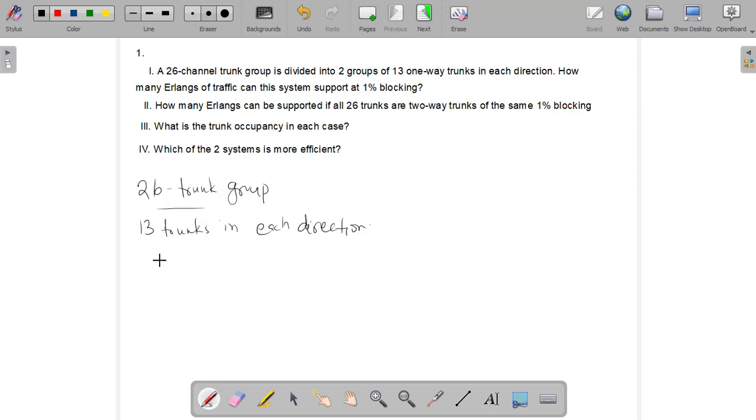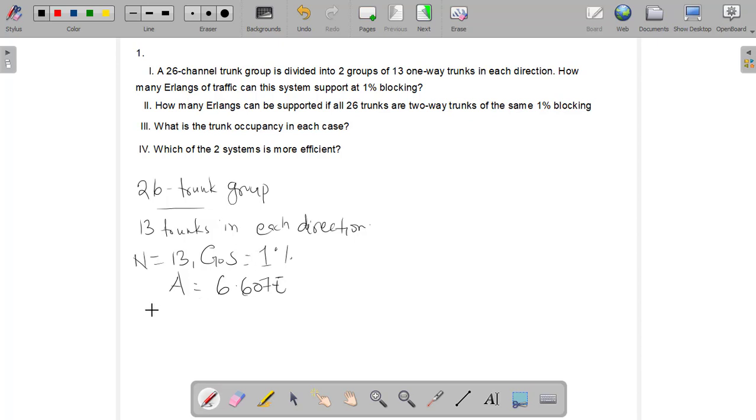So we are going to trace from the Erlang B table with n equals 13 and our GOS equals 1%. From the Erlang B table, our offered traffic is equal to 6.607 erlangs. This 6.607 erlangs is for a transmission in one direction.